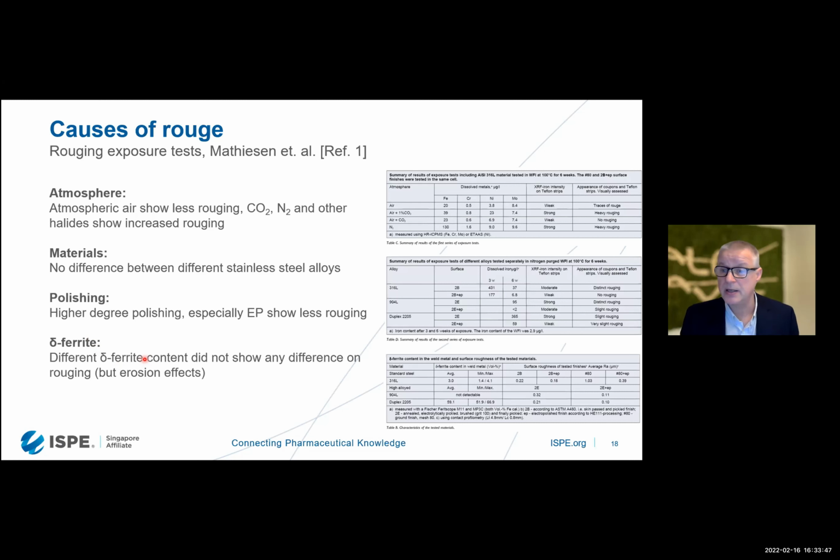What they could see, though, is that if you have a product or a surface which is under strong erosion, for example, if we take a tank with a spray ball where the spray pattern is hitting the same spot on the tank wall the whole time, you will slightly erode or remove the passivating layer.